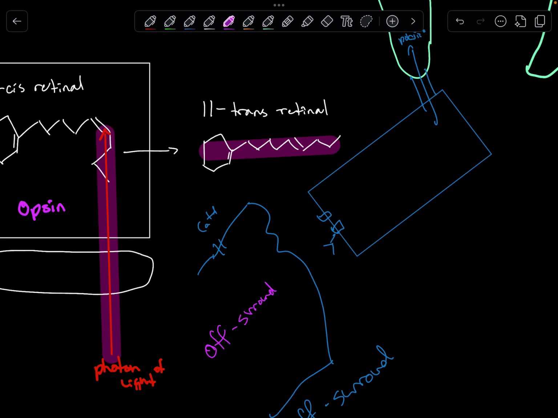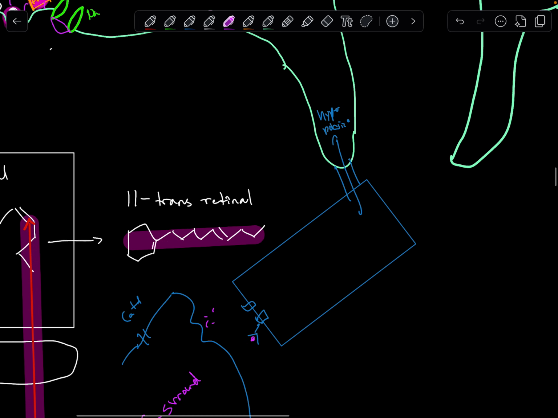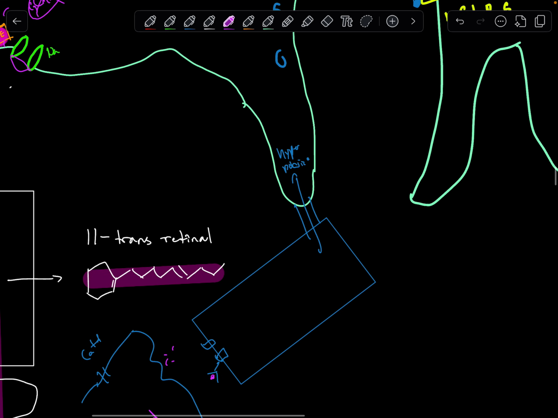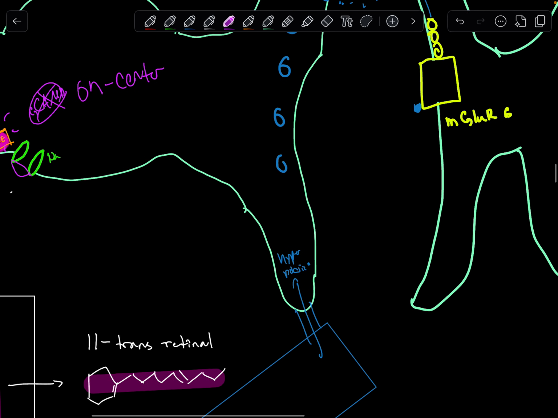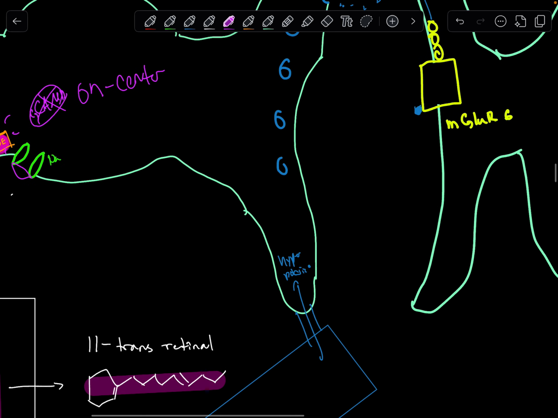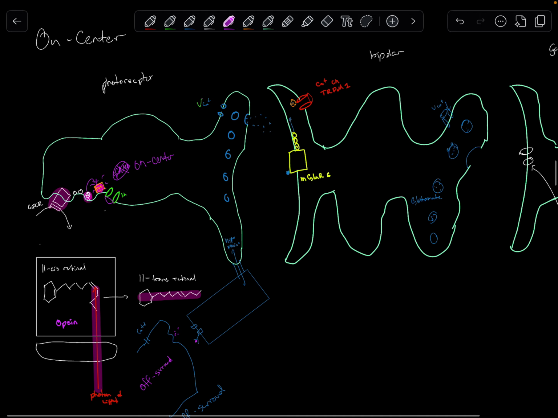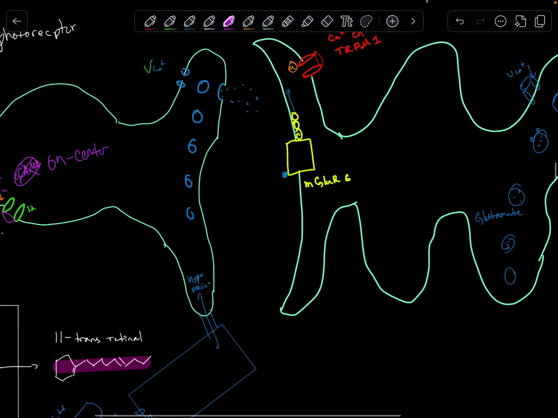But off-surround, light hits it, we'll have glutamate released, glutamate binds, then it releases GABA or something of some sort, which then hyperpolarizes the cell. Hyperpolarizes the cell, which then allows for an action potential to happen.